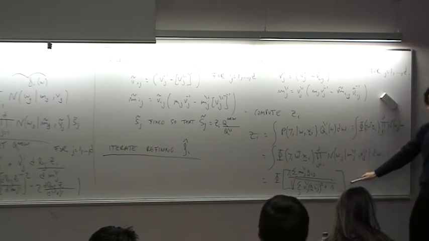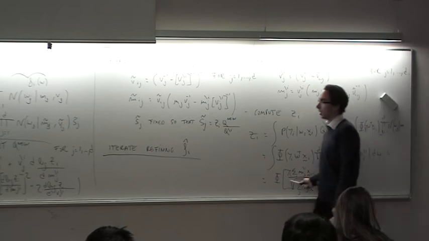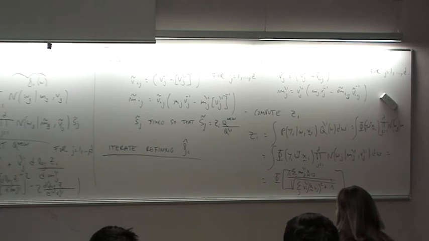I get this formula. Once I have this analytic expression for the normalization constant, I can update the parameters of the new posterior to match the mean and the variance of the tilted distribution. I do this by applying these formulas.